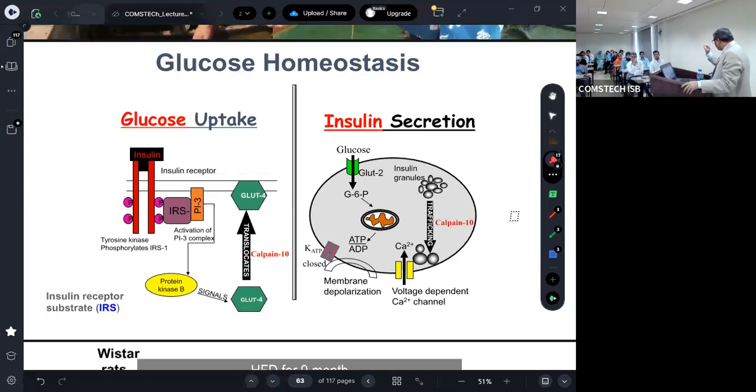It maintains the body temperature. The same is true here. Either you take food or no food, doesn't matter. Your body can maintain a certain level of blood glucose. We call it glucose homeostasis. So how can the body maintain this? This is blood glucose homeostasis.